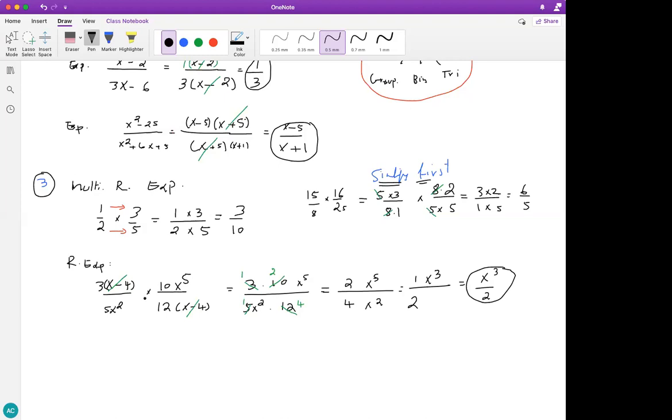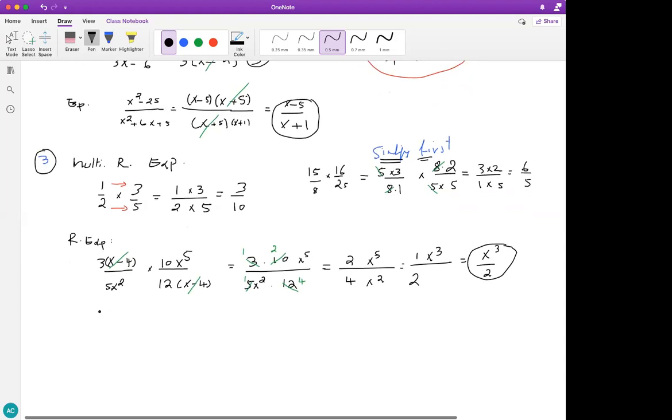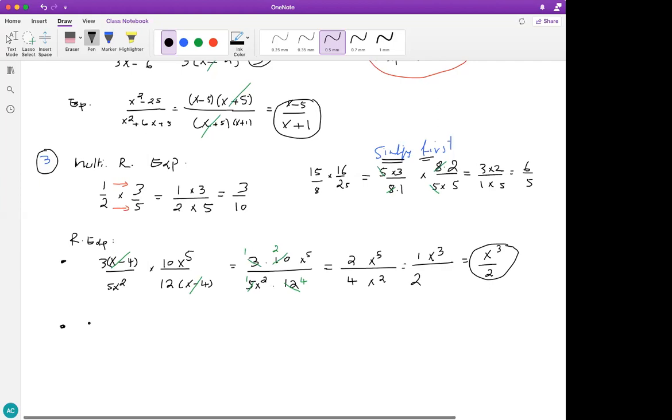Okay, so when multiplying any rational expressions, reduce first. You may need to factor first. Let's see an example where we probably factor something. Let's say x squared minus 9.